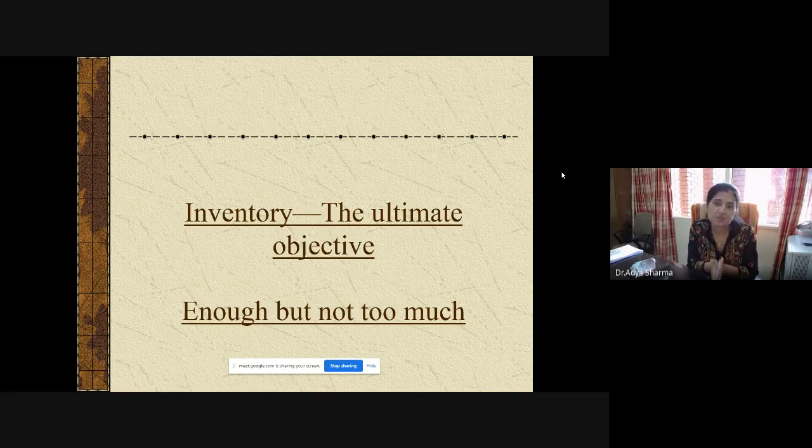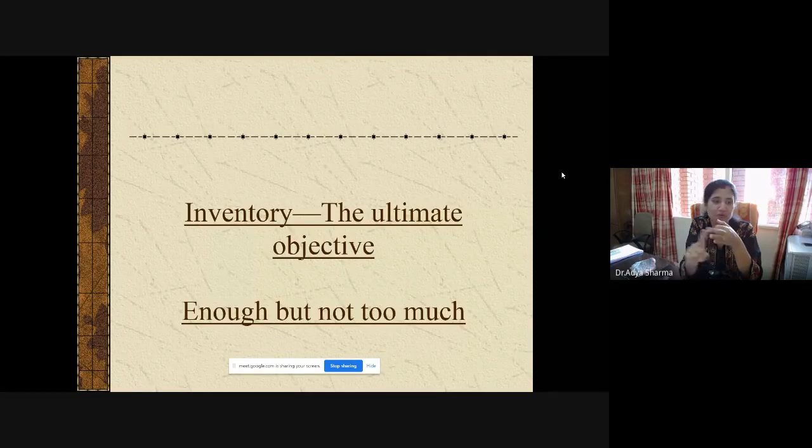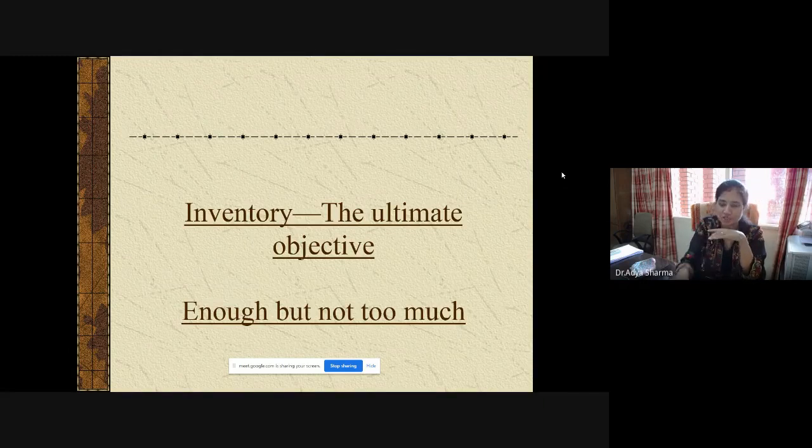Inventory is part of logistics management, and as I told you yesterday, there are 3 objectives: cost reduction, capital reduction, and service improvement. So yes, we have inventory so that our customers do not go back empty-handed, but at the same time, don't forget that this has to work in sync with cost reduction and capital reduction.